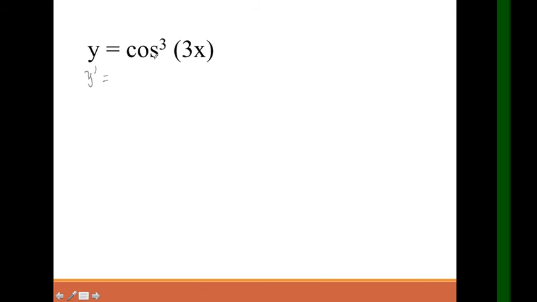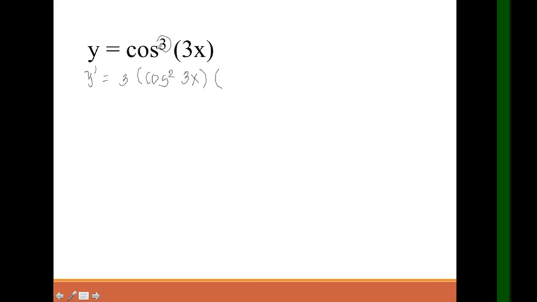So, 3 will become the base. Okay? And then, we will just copy cosine. And then, that's 3 minus 1, I'm sorry. So, that's 2. Alam niyo na yung rule doon sa chain rule, no? And then, just copy the 3x. Okay? And then, we will get the derivative of cosine 3x.